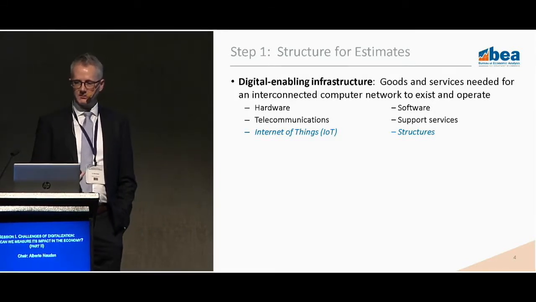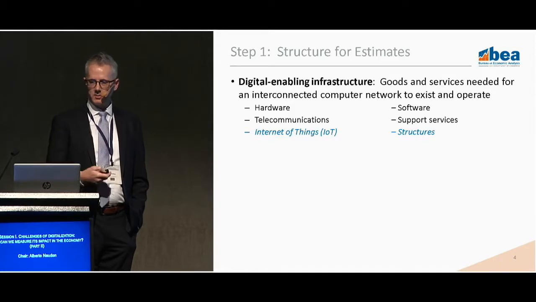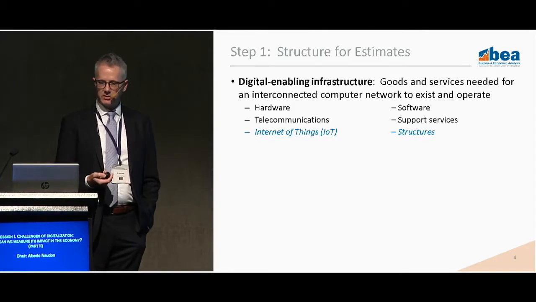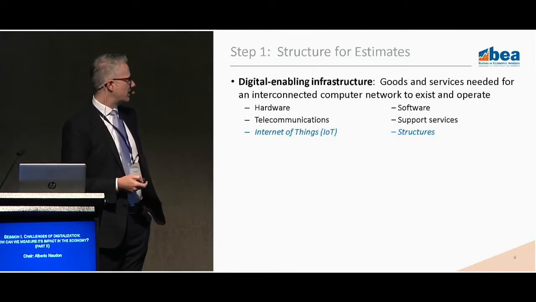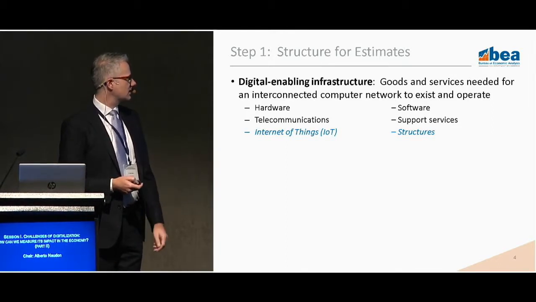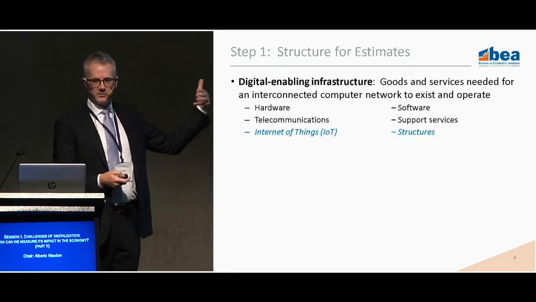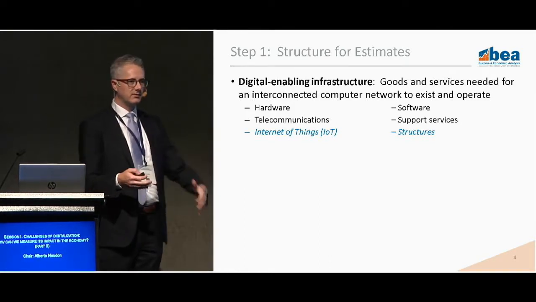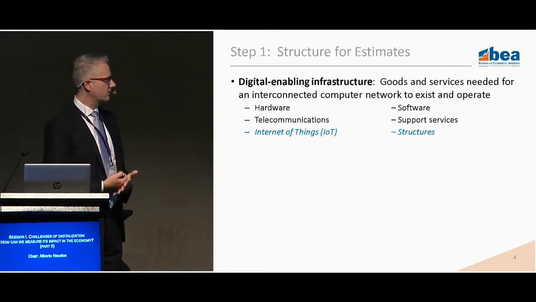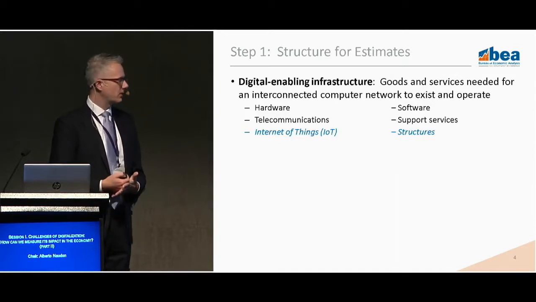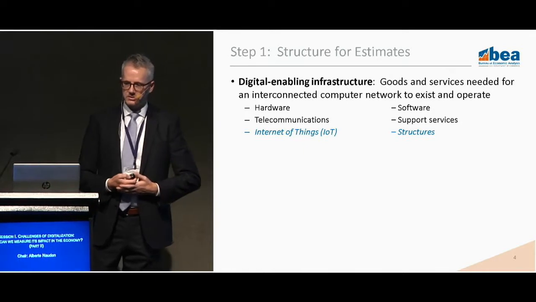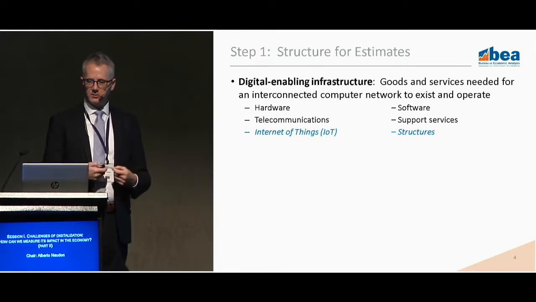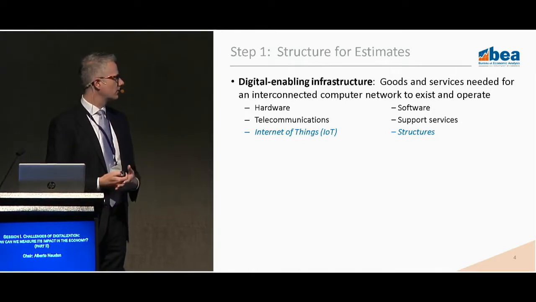And the pieces of these include hardware and computer software, telecommunication services, support services, and then I've highlighted in blue and italicized here those areas that are included in this part of the definition but that we haven't included in our estimates as of yet for lack of source data or appropriate methodology. So Internet of Things or IoT and structures. We haven't been able to split those into digital and non-digital components.